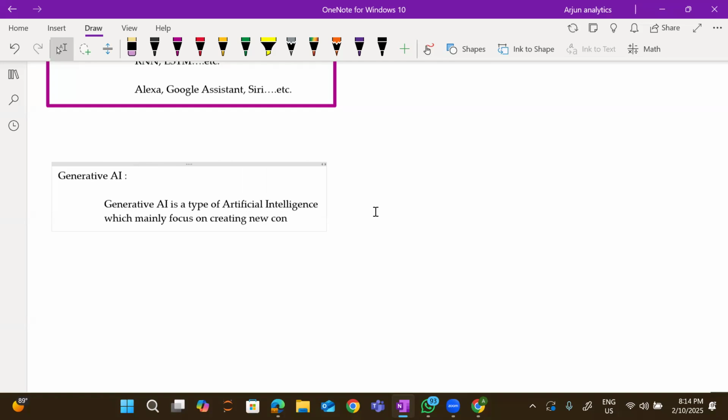New content means it will altogether generate new contents. Clear, guys? It will generate new content.